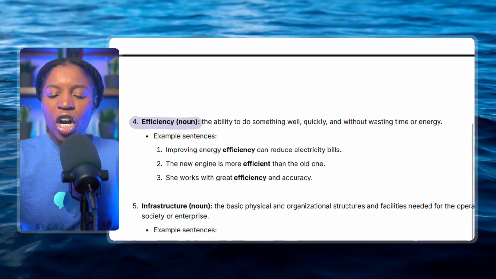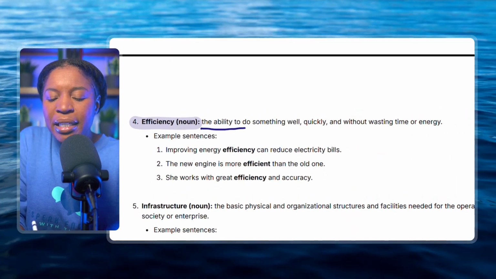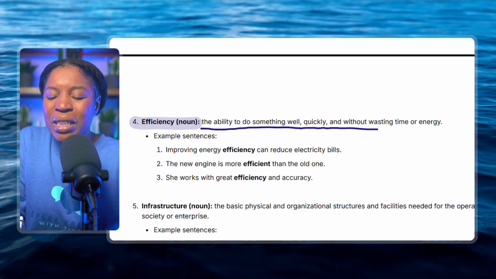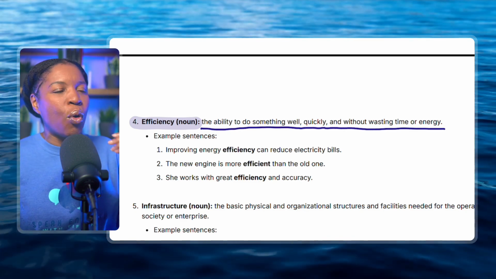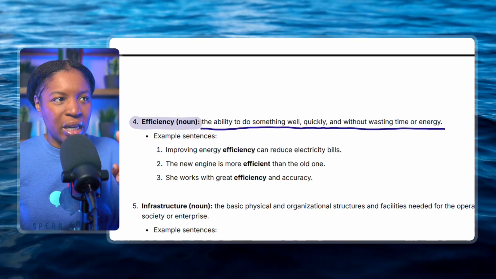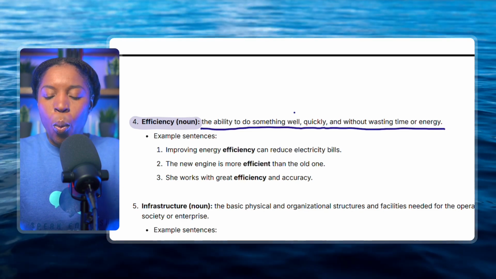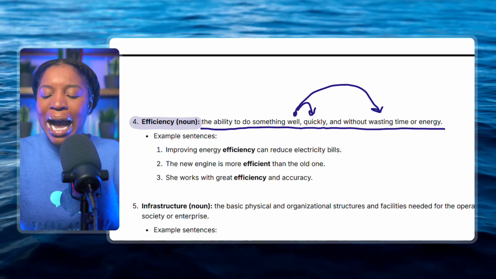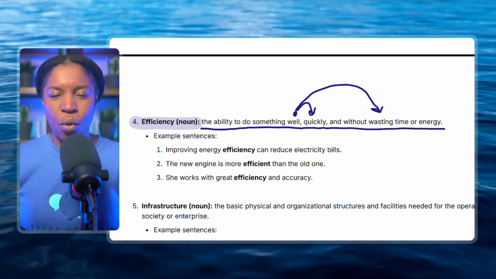So this term efficiency means the ability to do something well, quickly, and without wasting time or energy. Key is, again, doing it well, but also quickly and without wasting any time or energy. Once again, after me, the pronunciation of the word efficiency.